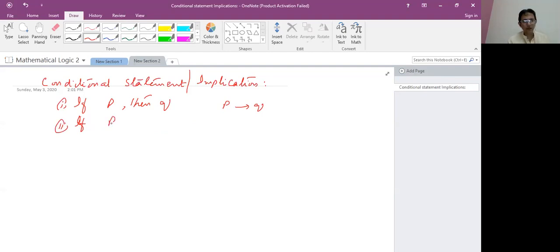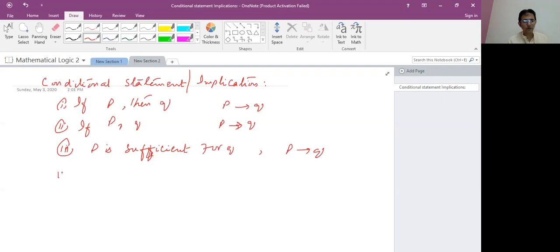For example, if P, Q is the same as P implies Q. A third one is P is sufficient for Q. It means P implies Q.